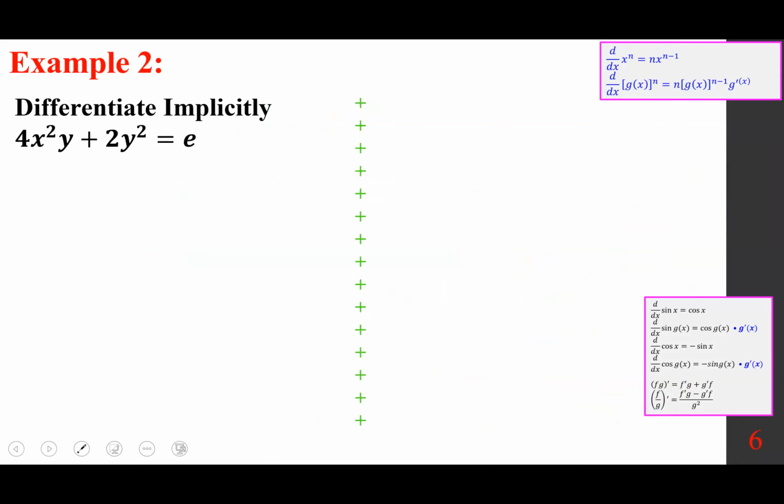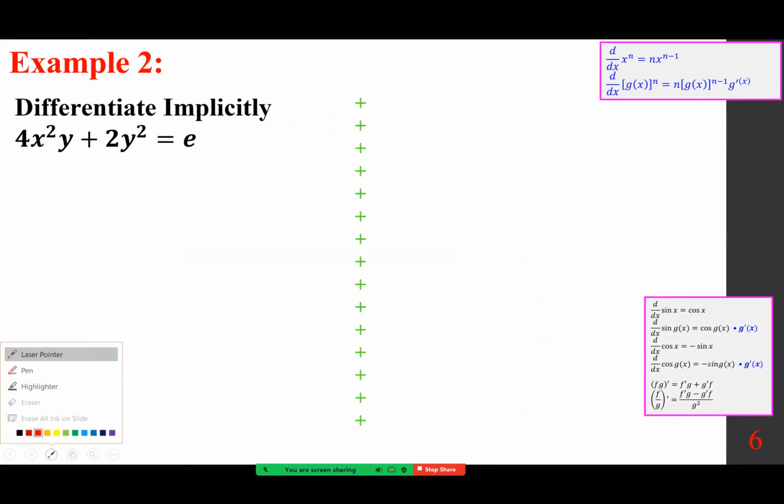Differentiate implicitly. We put a raised dot here, which means we are looking at f times g, and we're going to use the product rule. 4x squared gives us 8x times y, and y gives us y prime or dy dx times 4x squared.